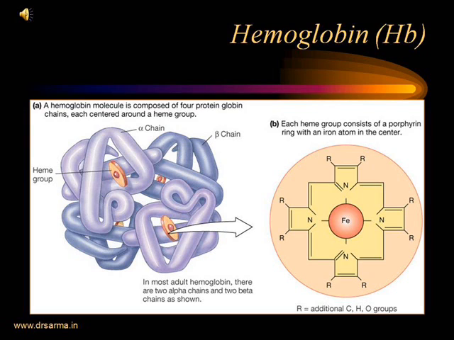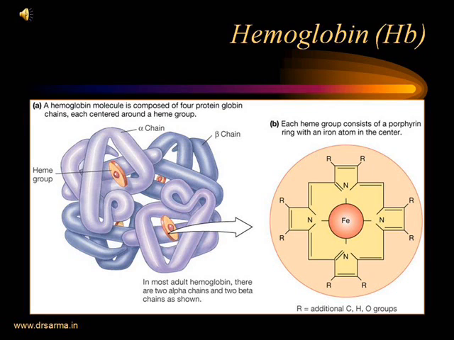Let us come to the right hand side of the diagram, which is the heme component. The heme component has a central iron atom surrounded by the 4 peripheral rings. This together is the heme.